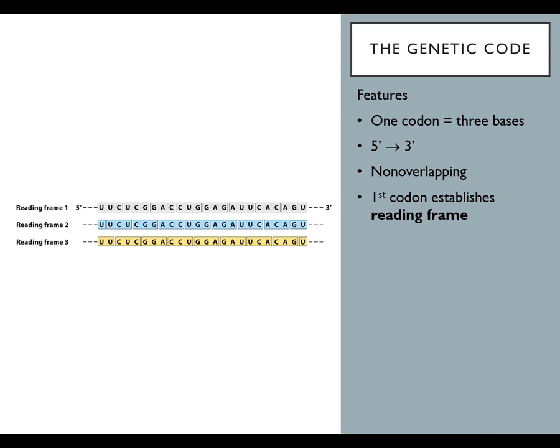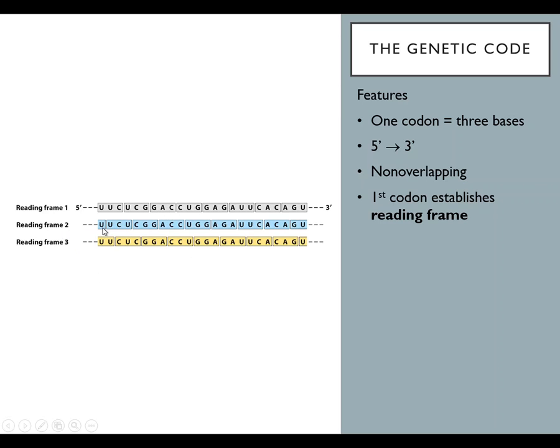And the reading frame then continues for the rest of the mRNA. So any given nucleic acid sequence can have at least 3 reading frames. And so here, this first reading frame starts here with this U, and so it goes UUC is the first codon, UCG is the second codon, GAC, and so on.